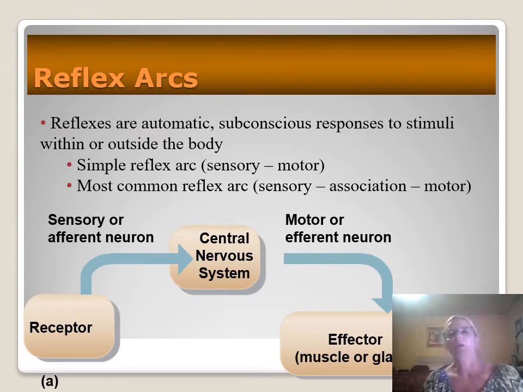Communication in the nervous system combines a series of action potentials along an axon and synaptic transmission between the neuron and the postsynaptic cell. Reflexes are automatic, subconscious responses to stimuli within or outside the body. If you touch a hot stove, your reflex will be to pull your hand back, and that occurs without any conscious thought.